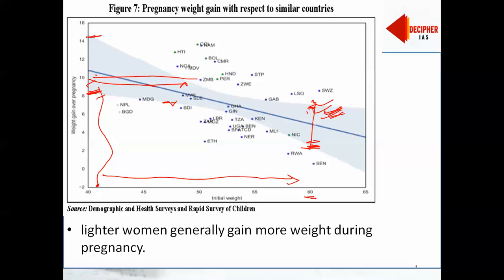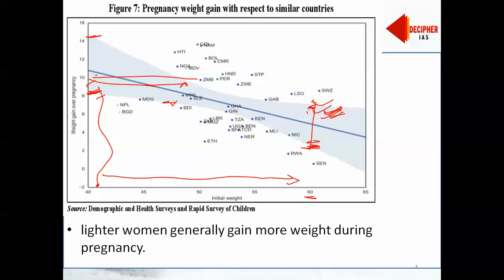So despite recent progress, Indian women have relatively low pre-pregnancy weights compared to other countries. As the government intervenes more by bringing out various programs which will provide better nutrition counseling to the mother, we will see much more weight gain during pregnancy.